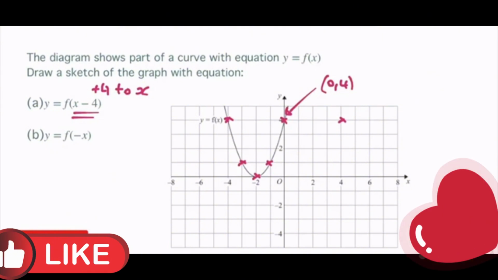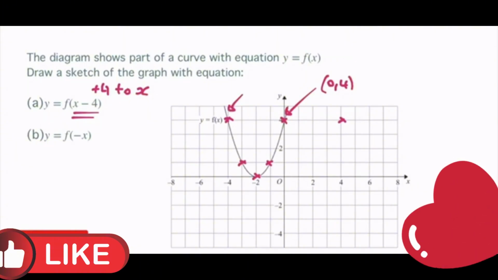So when we add 4 to the x coordinates, they're all going to move right 4, and therefore it's going to be translated to the right. So we're translating it 4 to the right. Now looking at the other one, this one here, if I move that 4, that's going to land on top of that 0, 4 coordinate, so I can't draw over the top of that, that's where that's going to move.